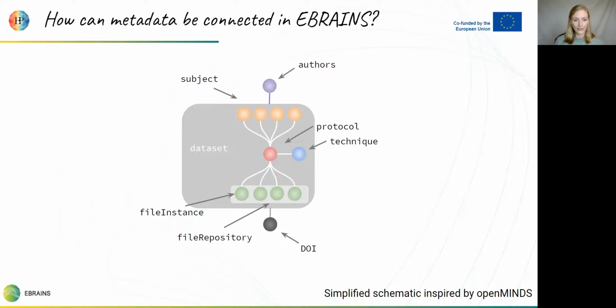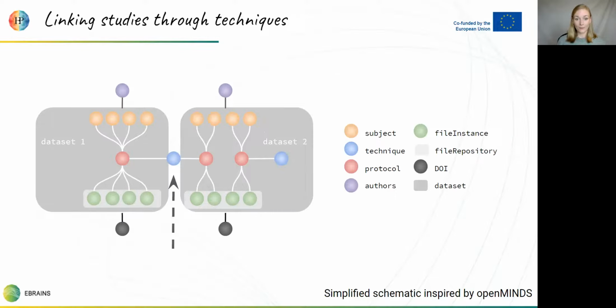So one of the great strengths of controlled and standardized metadata is that the terms can be shared between studies, linking them based on common factors. In this example here, 2 datasets generated by 2 different sets of authors could share the same technique.